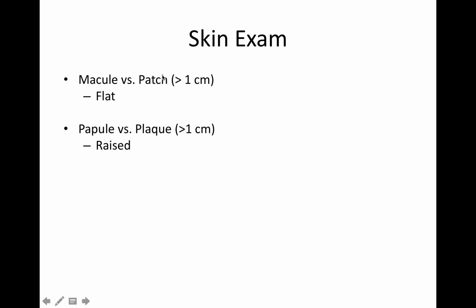Something that is larger and flat is called a patch. If you have a raised lesion, something that's small, less than 1 centimeter, is called a papule. Something that's larger is called a plaque. So those are basic definitions we want you to know.